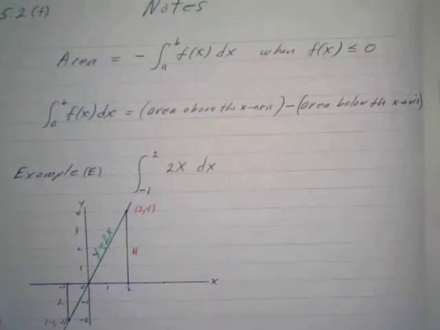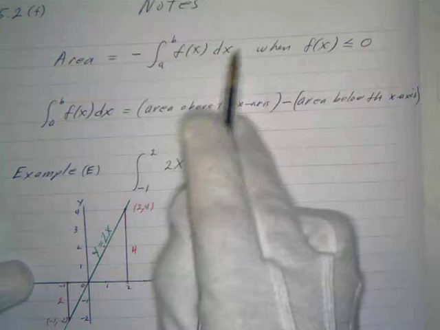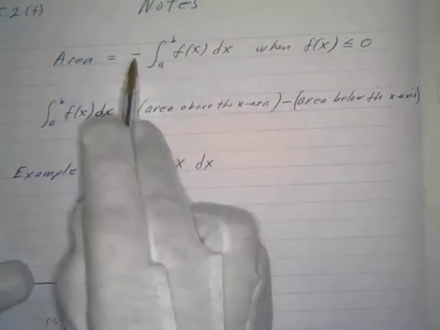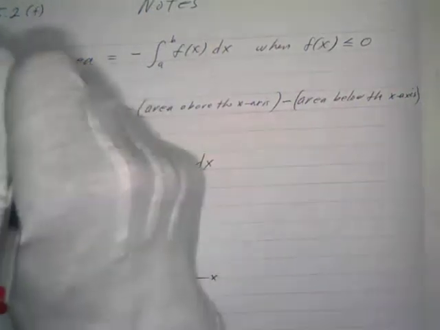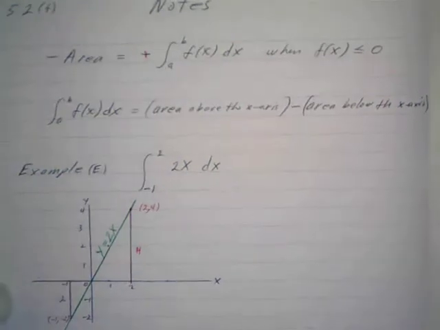That's what they're saying. So if we want to find the value of the integral, we actually basically have to take the negative area. So if I multiply both sides by negative, I would just say negative area equals the value of the integral. I think that's a little bit easier to understand.